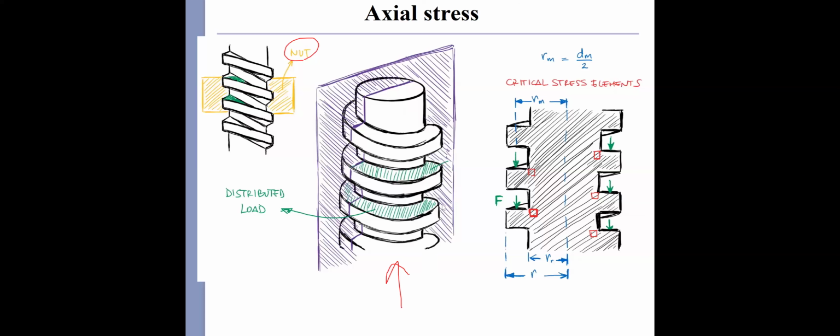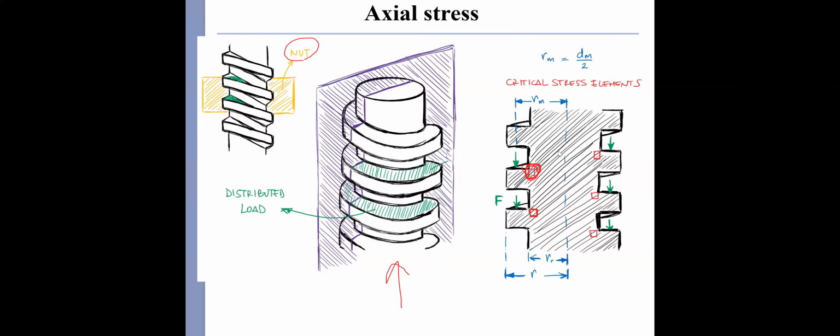And there's the critical stress element located at the roots of each thread, right here. So what's the stress distributed at this critical element? That's the main topic we're going to discuss today.